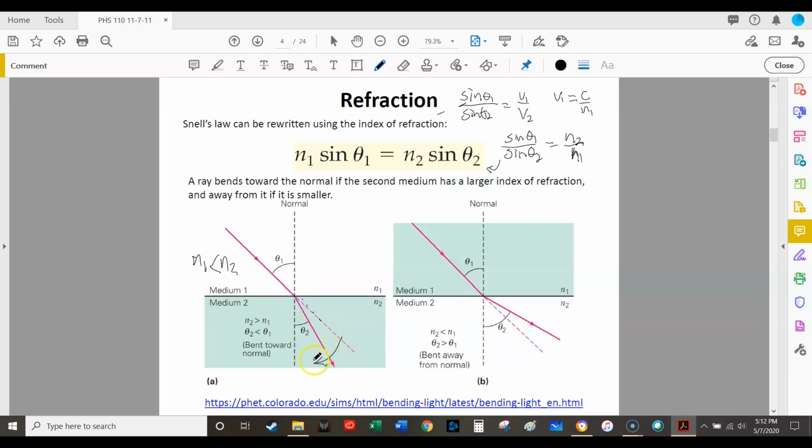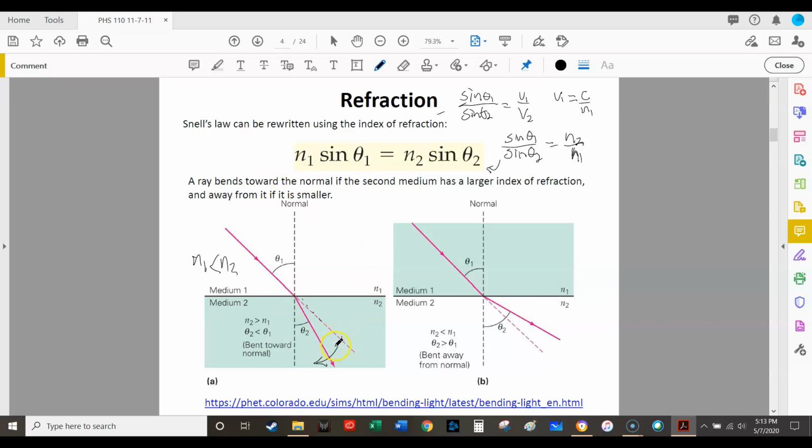If it slowed down even more, it would bend even more towards that normal, right? So if you have a highly dense medium, in some cases it might look like it's almost coming in on top of that normal, right? So really cool prediction equation, Snell's law, right?